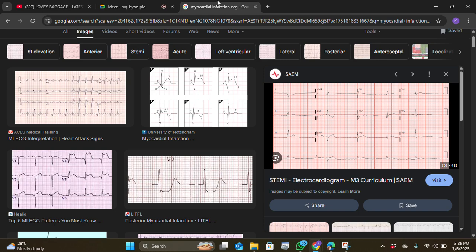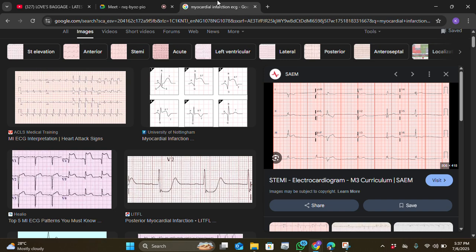Is it possible for all the leads to have ST elevation? And if it's possible, is there any risk? Even one lead is a lot of risk accumulated. But I don't think one can actually have it on all the leads.